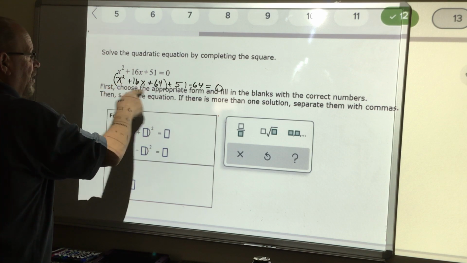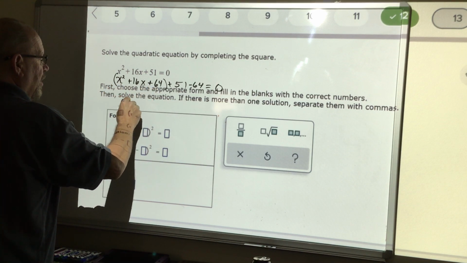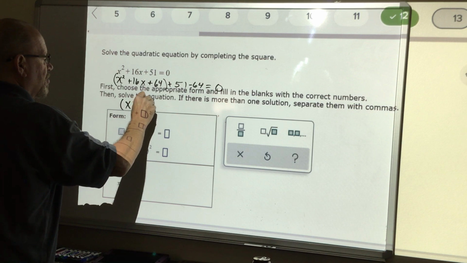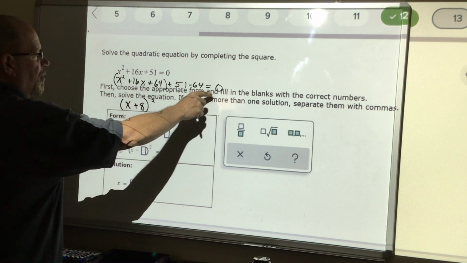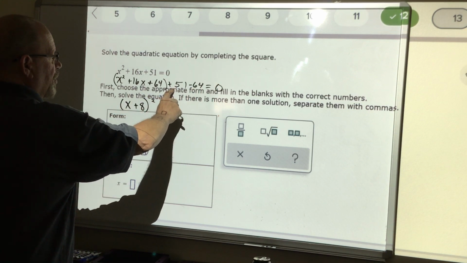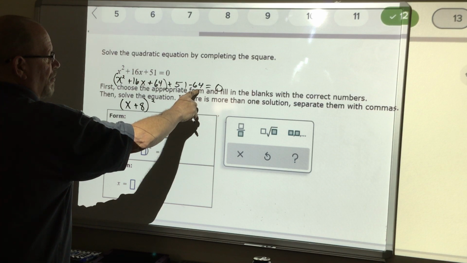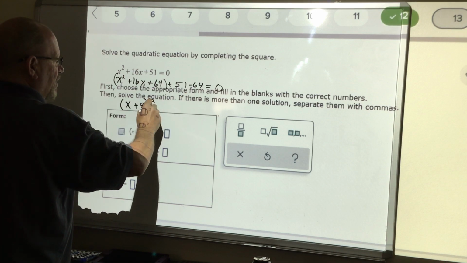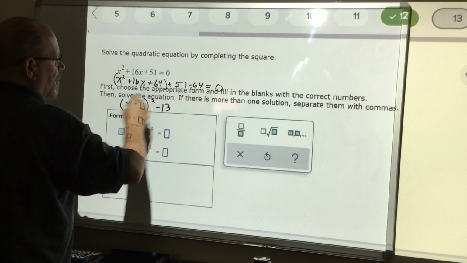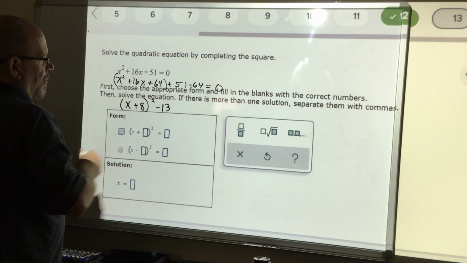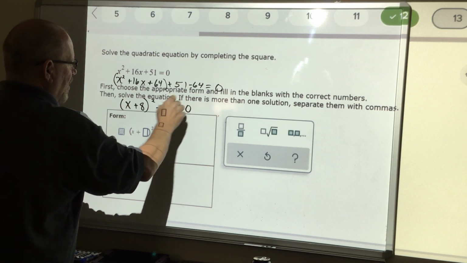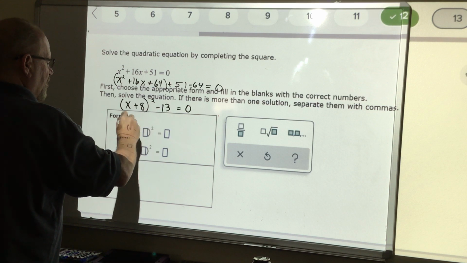Now I've got this, the perfect square, x plus 8 squared. Perfect square binomial. And then plus 51 minus 64 is negative 13. Equals 0. Last step, add 13 to both sides.